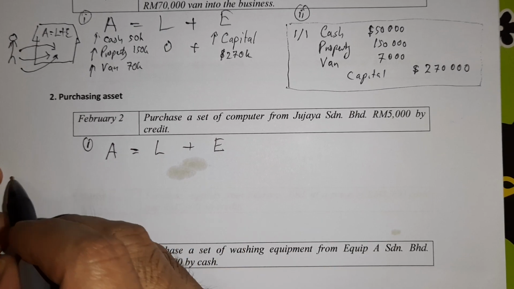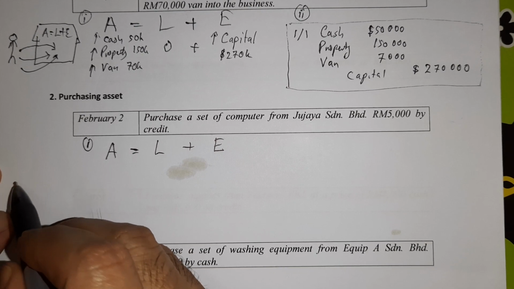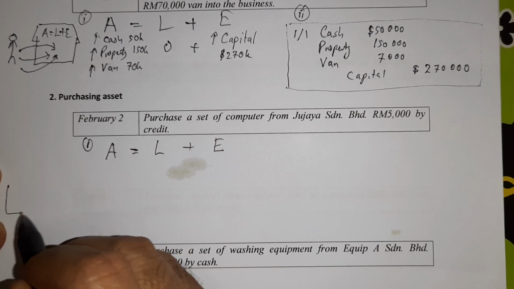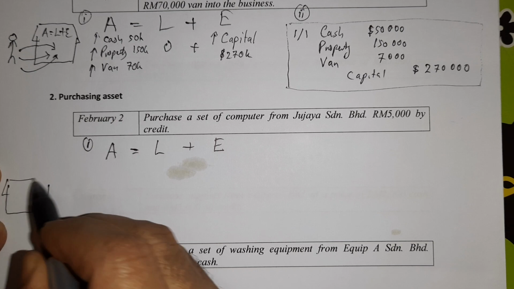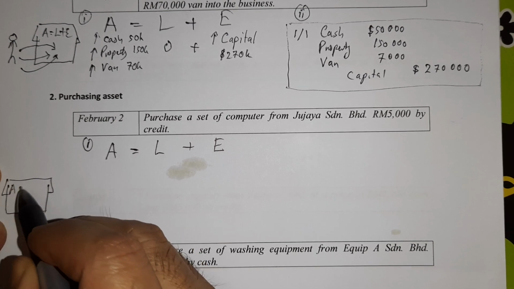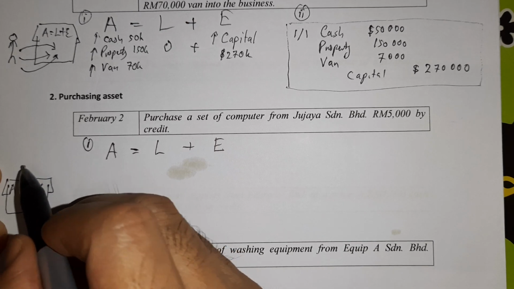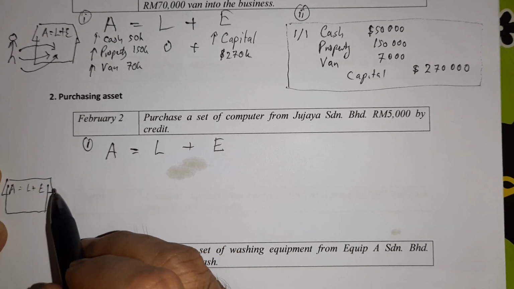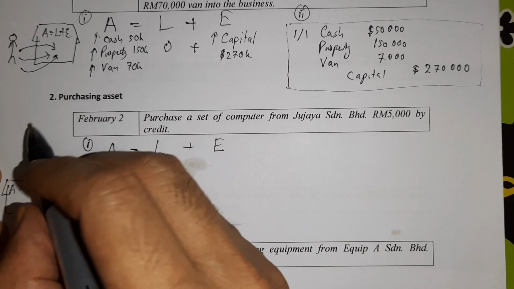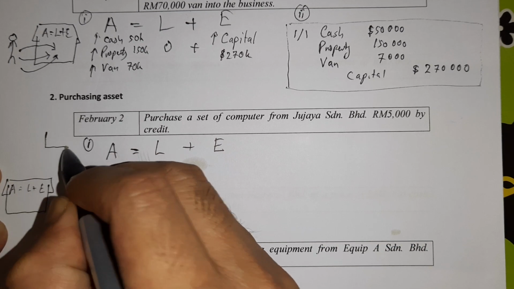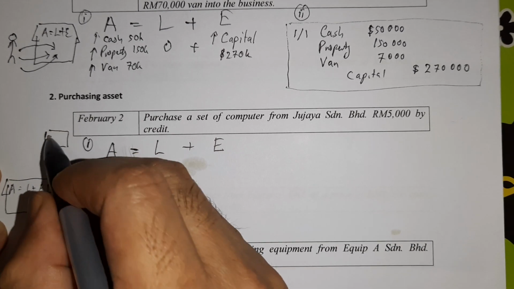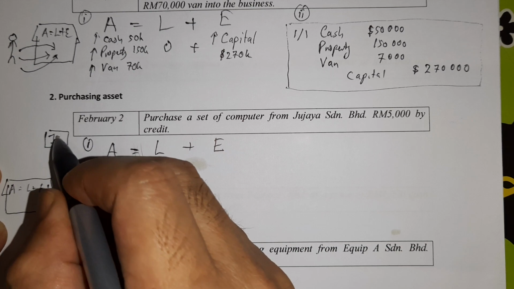So always think about this. Okay, this is your business. In your business, you have asset, liability, and equity. And then the business purchases a set of computer. So this is the supplier. The supplier name is Jujaya.